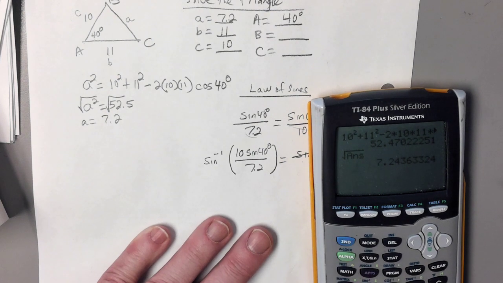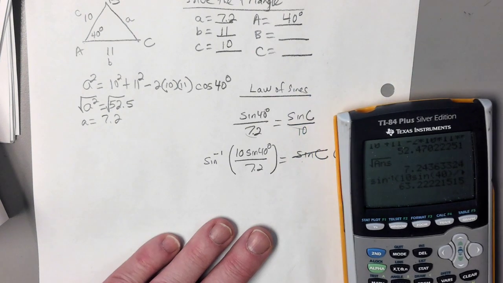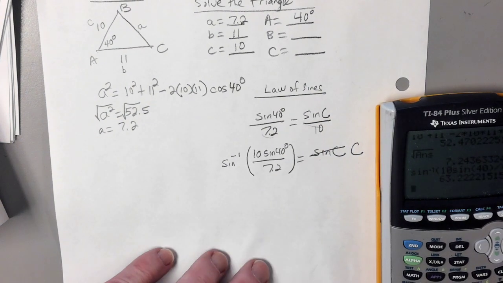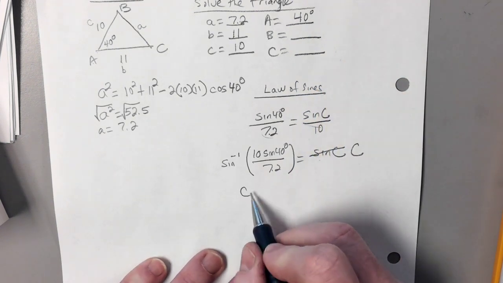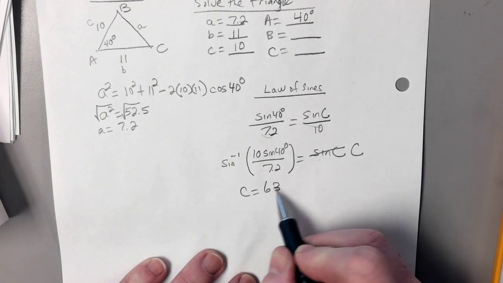The inverse sine of 10 sine of 40 divided by 7.2, parenthesis, enter. So I know that angle C is about 63 degrees. So angle C equals 63 degrees.